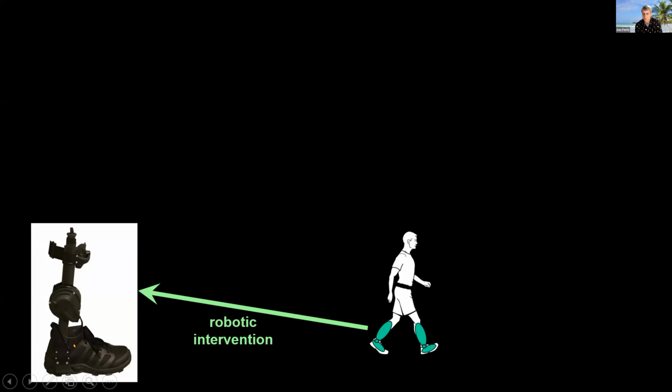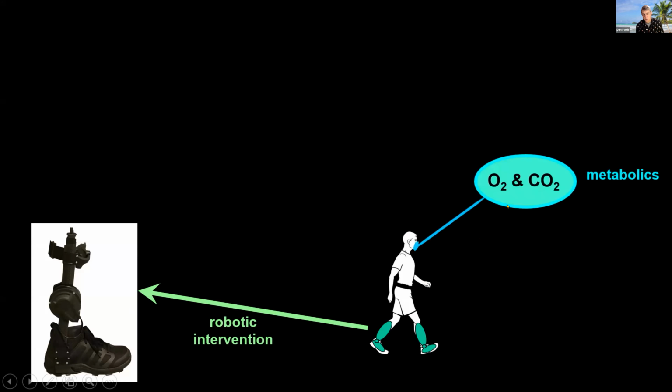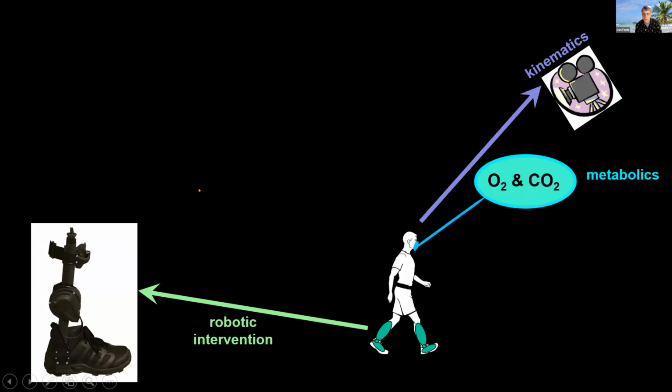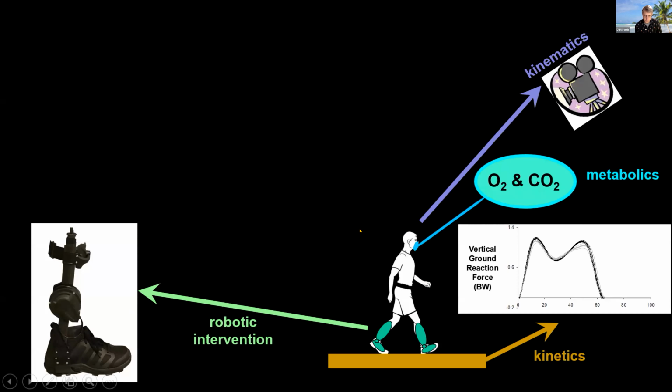So let's imagine we have our human, and we have some robotic intervention of putting the exoskeleton on. We can measure their oxygen consumption or their carbon dioxide production to measure metabolic cost. We can film them to get their kinematics, or we can put IMU sensors on to get kinematics. We can have them walk on force plate platforms to measure ground reaction forces, or you can use insole pressure transducers to get the same information in the vertical direction.